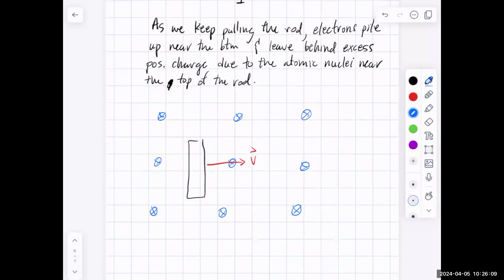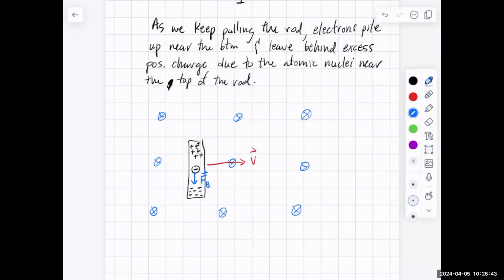We're going to end up with all of these electrons collecting at the bottom. And there's going to be a bunch of positive charge left behind near the top. Okay, and we're still pulling this thing to the right, so we still have an electron in here that has a magnetic force that's downwards. And so here's our magnetic force, F_B, that's downwards. But now we have one thing more.